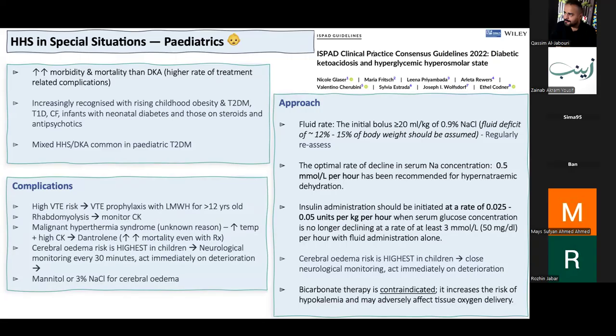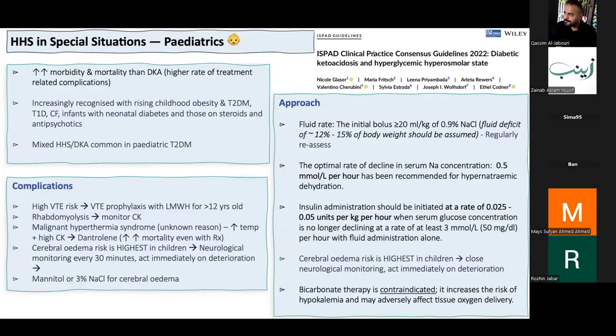There is a high risk of developing malignant hyperthermia syndrome, which is not known why it happens in those patients, when they become hyperthermic with elevated CK and deranged electrolytes, and it carries a high mortality, even when you treat it with dantrolene.